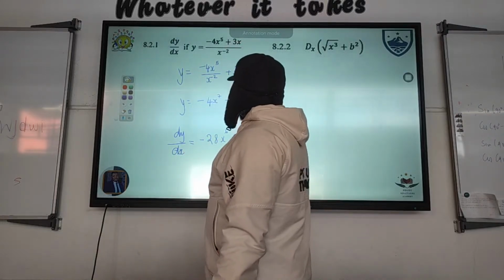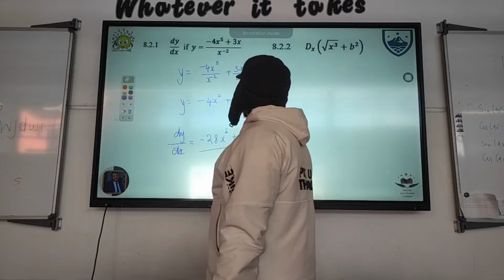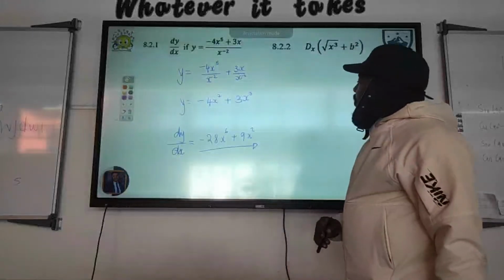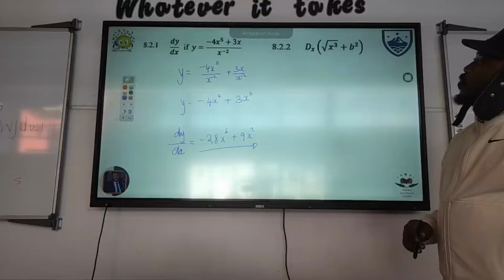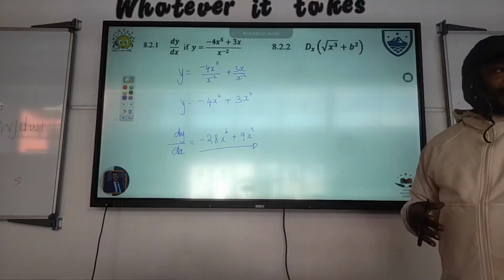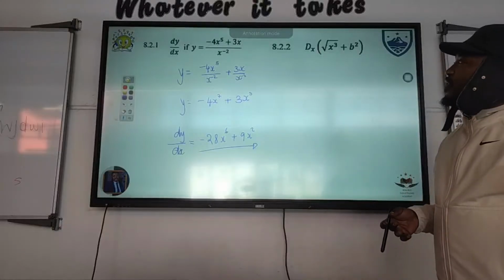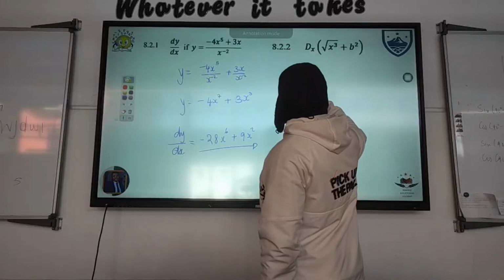And then we have 3 times 3, which is 9, and x squared. This is our final answer. When you look at them at first glance, they look intimidating, but they are actually straightforward questions. Same applies to this one.